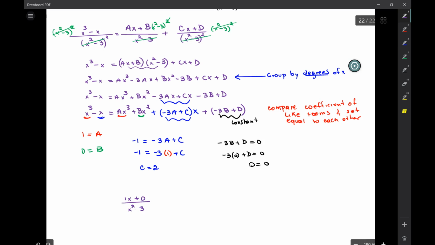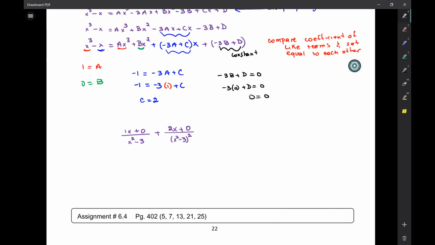Yes, we're going to simplify it. Plus cx plus d: 2x plus 0. So now we just write it in simpler terms. So x over x squared minus 3, plus 2x over (x squared minus 3) squared. And there you have it.